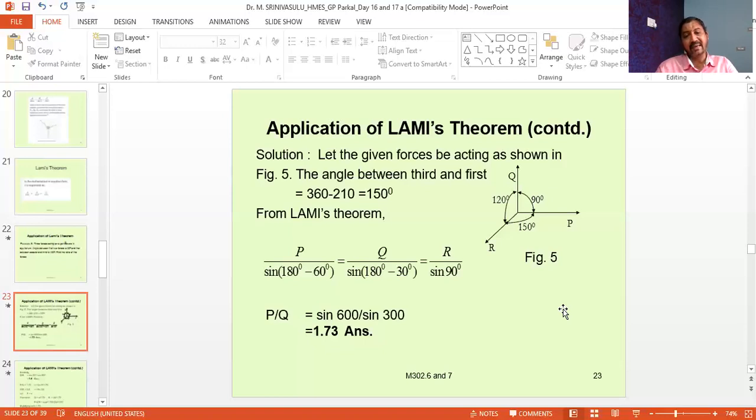So therefore P by sine 120 is equal to Q by sine 150 is equal to R by sine 90.